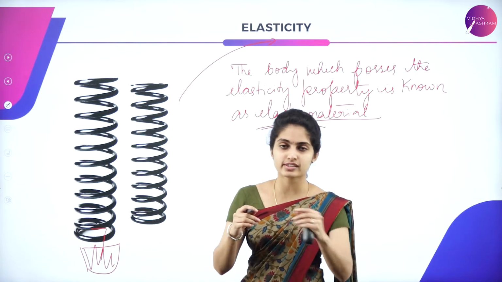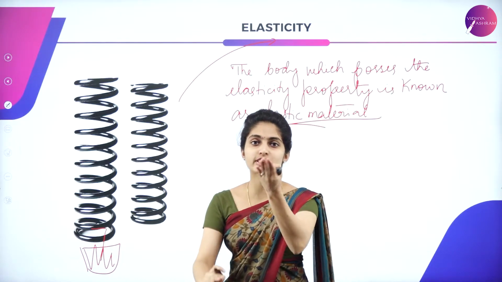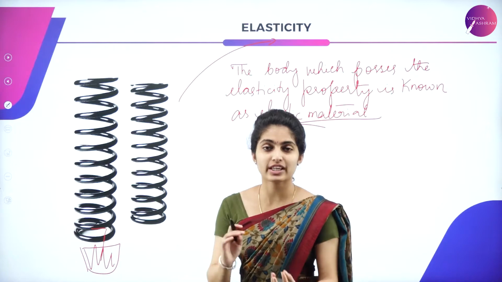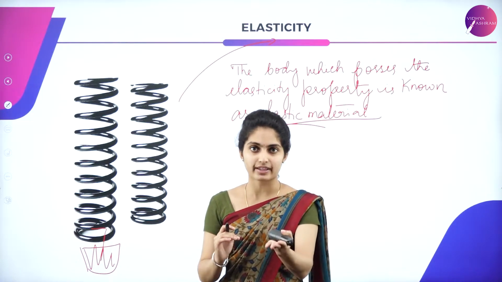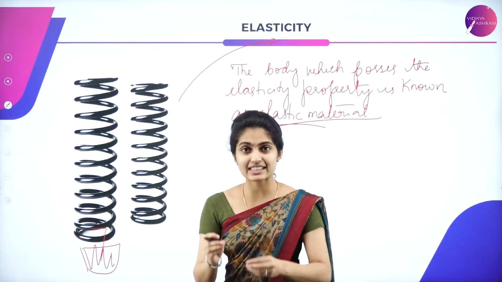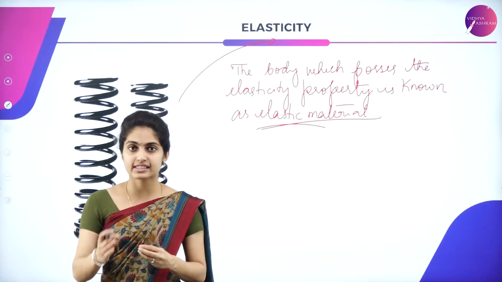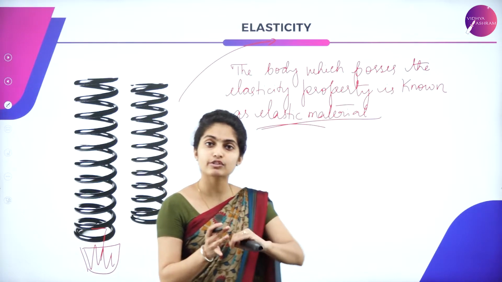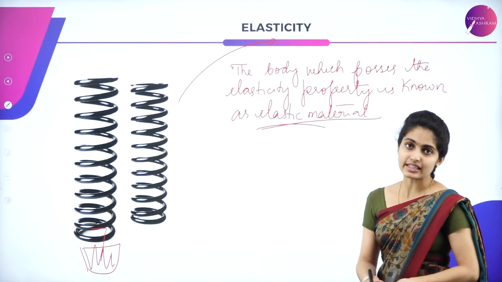When you remove, that is the external force is removed, what happens to the spring? It comes back to its original position. So there is a restoring force. Pull the spring and leave it. It restores back. Correct? So this is an example for elasticity, the property called as elasticity. Okay, such kind of a material which possesses the property elasticity is said to be elastic materials.